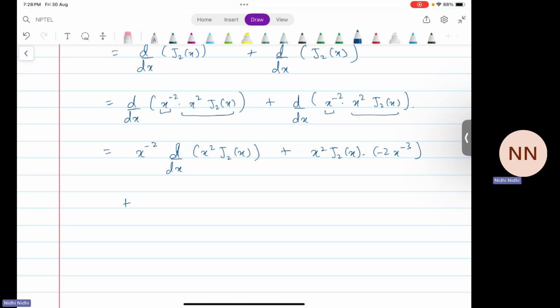Similarly for the second term, x to the power minus 2 as it is, d by dx of x square J2 of x. Sorry, this time we will need x to the power minus 2. So we'll take it to be like this. Because to decrease we need x square, but to increase we need x to the power minus 2.